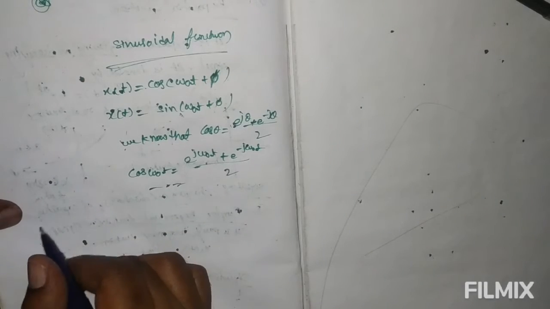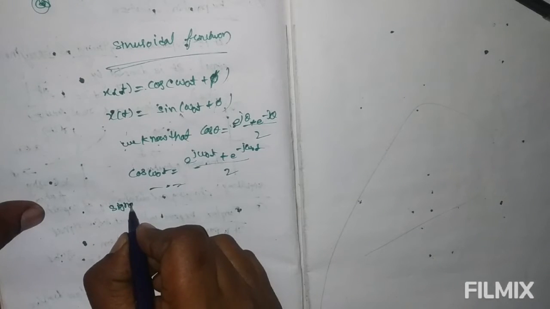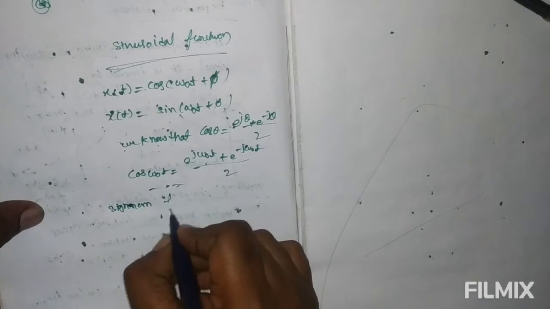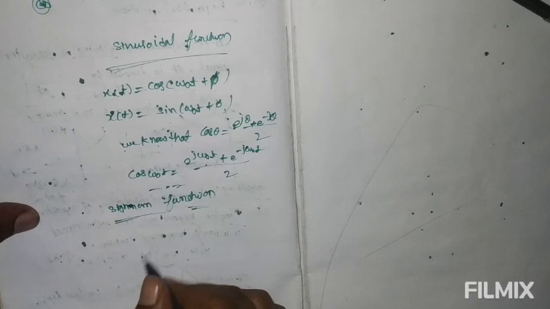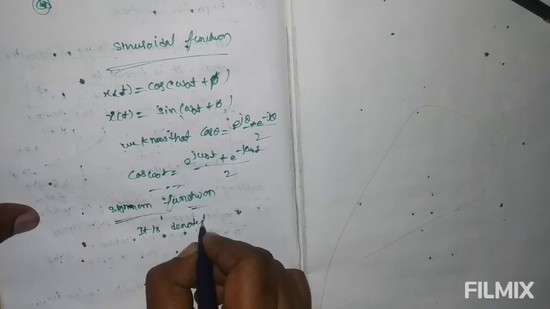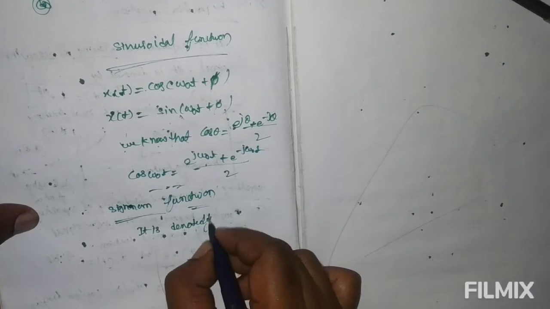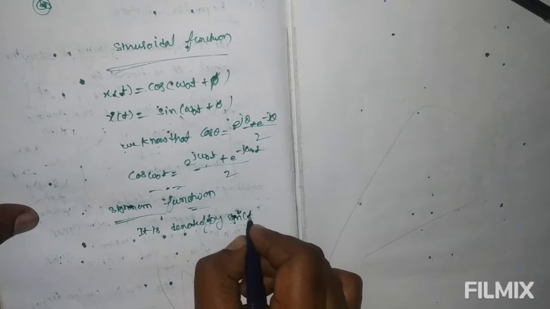Coming to the signum function, it is denoted by sgn of t.